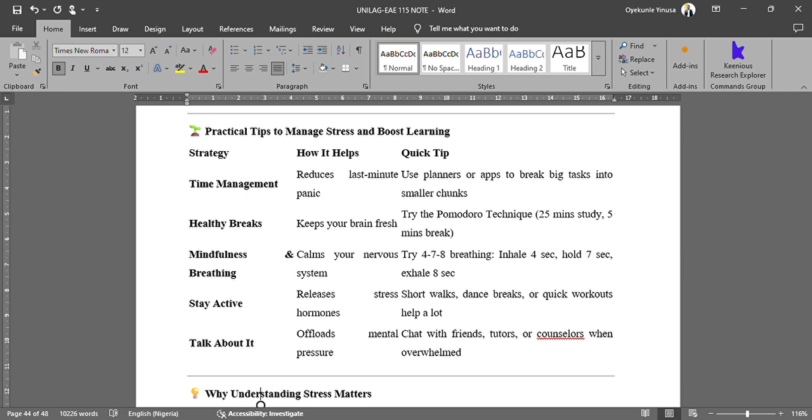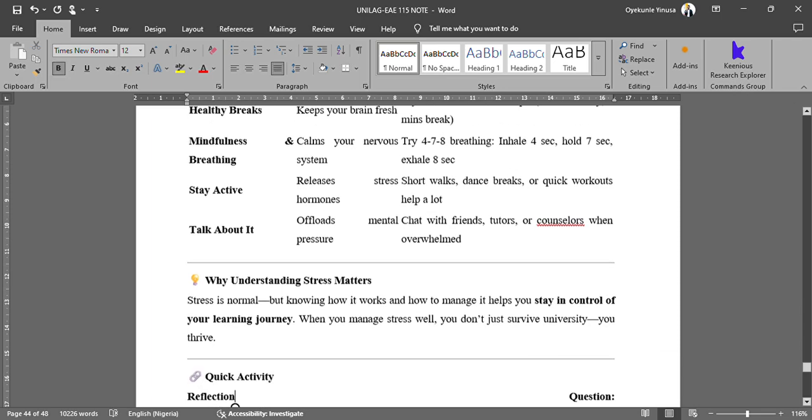When you chat with friends, tutors and instructors, the problem that is giving you a headache will reduce. When you share what you are going through, they will help you solve at least, if not 50%, 25% of it.